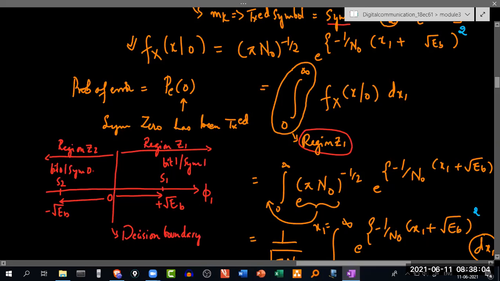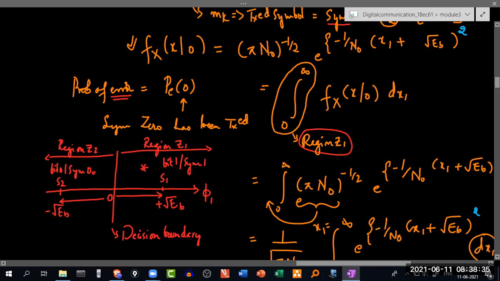So assuming that we had transmitted symbol 0, at the receiver we were supposed to expect the same symbol 0 to get decoded. But it so happens that due to channel noise, sometimes the observed point may erroneously fall in the Z1 region. So this leads to error. Because we are trying to find a mathematical expression for probability of error, let's make use of this equation.